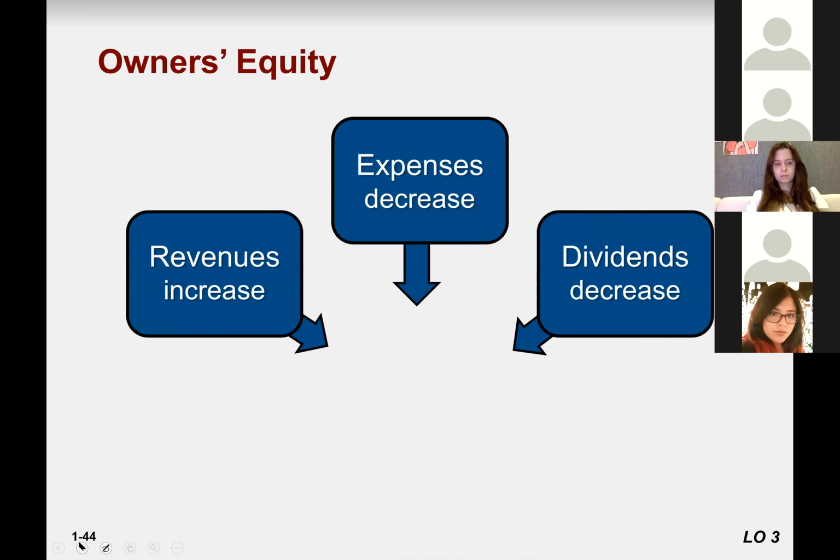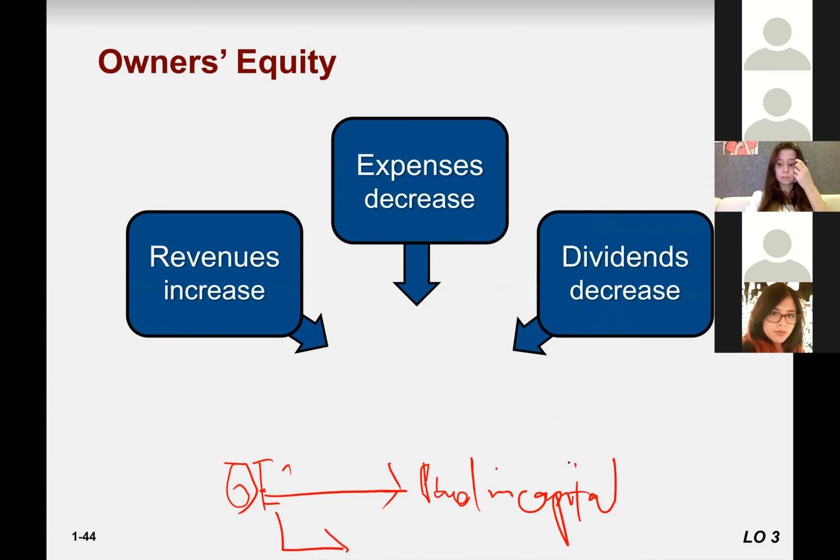So we know that owner's equity consists of two things, paid-in capital and retained earnings, and there is a plus sign between them. If paid-in capital increases, it increases the owner's equity. If retained earnings increases, it increases the owner's equity.